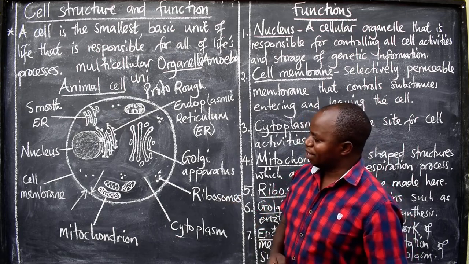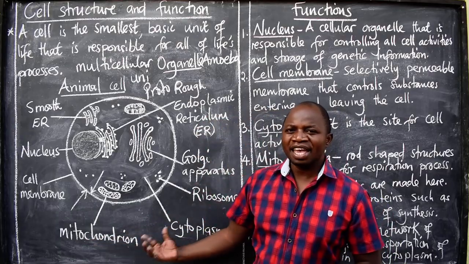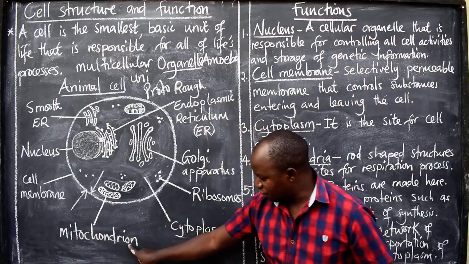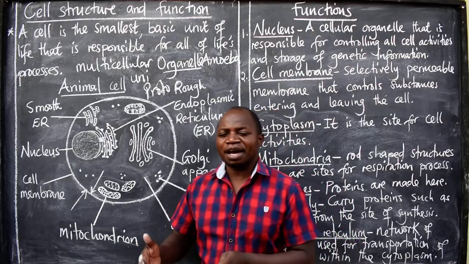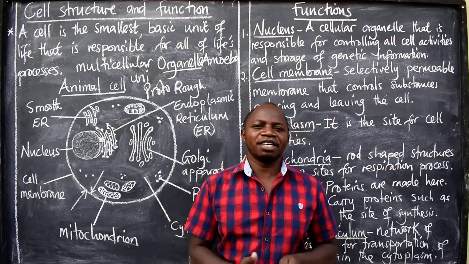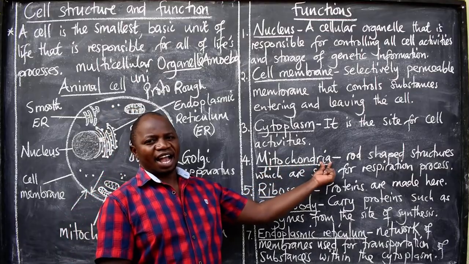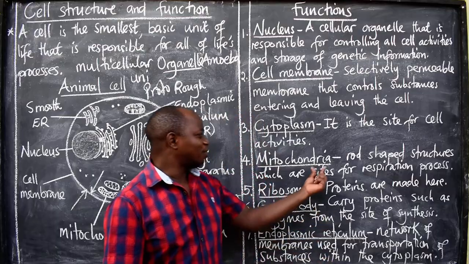From the cytoplasm, let's move on to the mitochondria. This one, singular, we say mitochondrion. But when we are talking about many, meaning the plural form, we say mitochondria. Don't say mitochondriases, no, mitochondria.